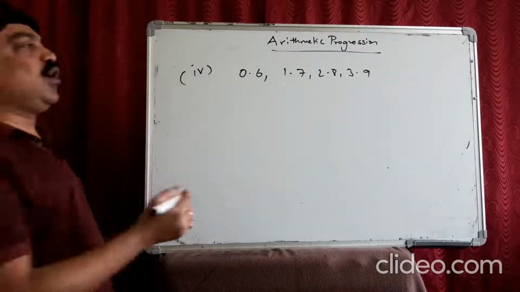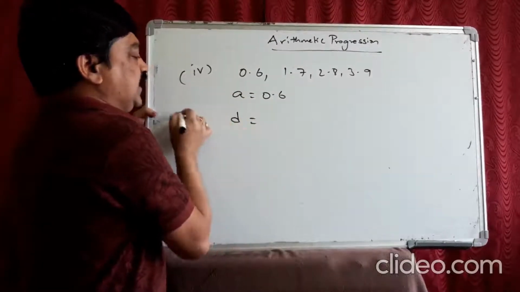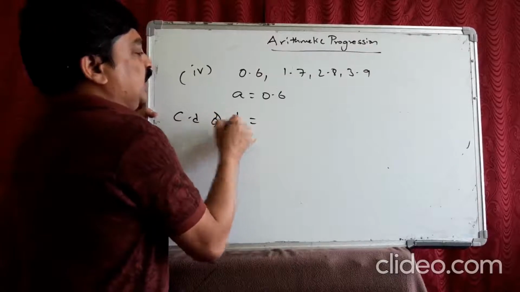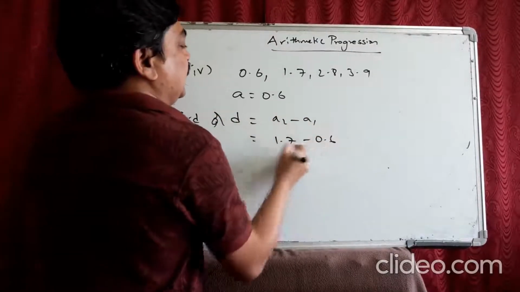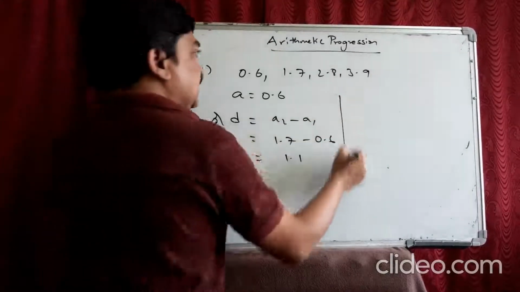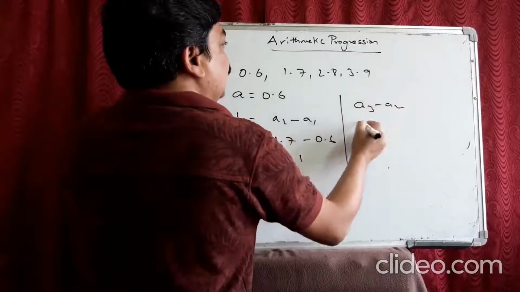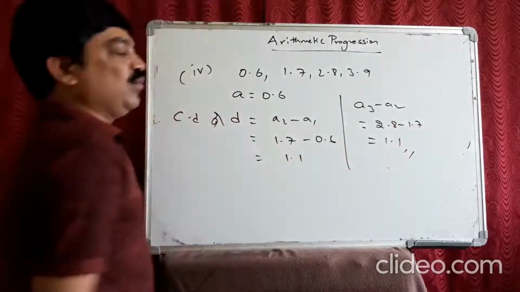You just need to write the common difference. First term is 0.6. Common difference D is A2 minus A1: 1.7 minus 0.6, that is nothing but 1.1. Shall we check once? A3 minus A2 also you should get the same thing. 2.8 minus 1.7, yes, 1.1.